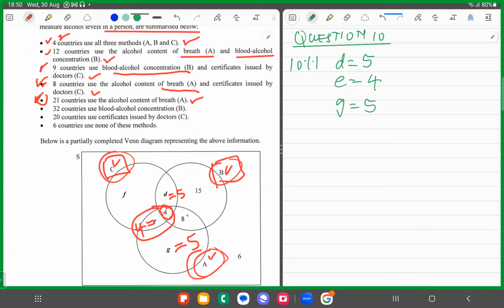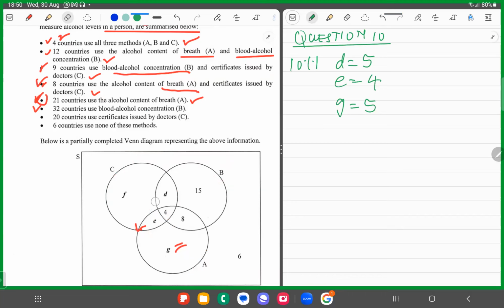Now, if you look at the 32 countries that use blood alcohol concentration B, let's look at that. I'm trying to clean up this Venn diagram, because otherwise you can't see what we're doing if it's so untidy.